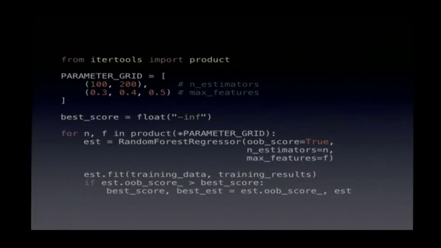Then we basically take the product of those different parameters and train a regressor with each combination of the values, and we use this OOB score, out-of-bag score, to estimate the performance of the model, and we just remember the one with the best score. Okay? And that gives us a quick and dirty way of optimizing our tuning parameters.